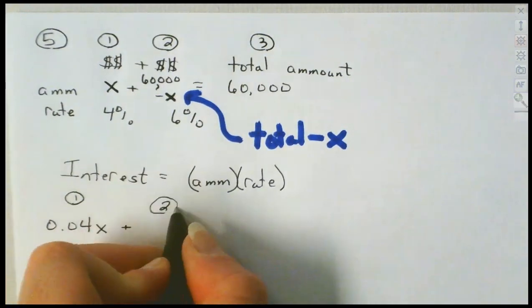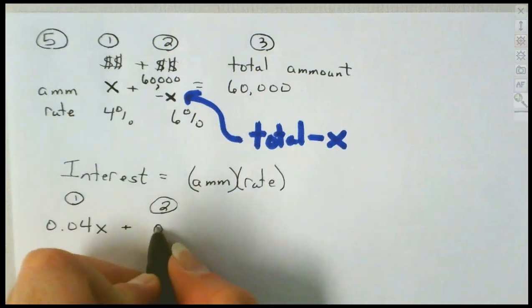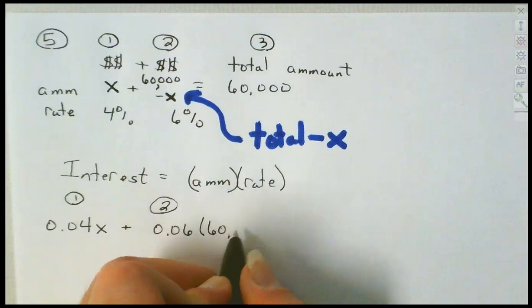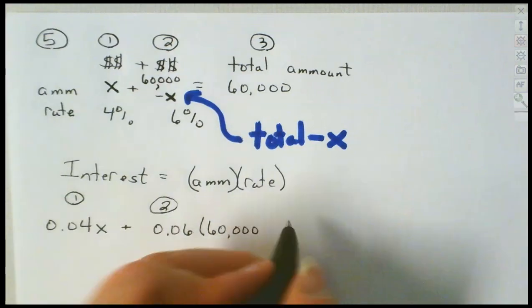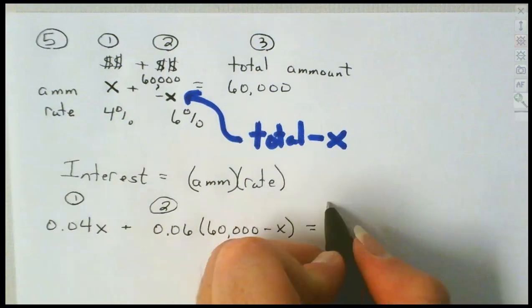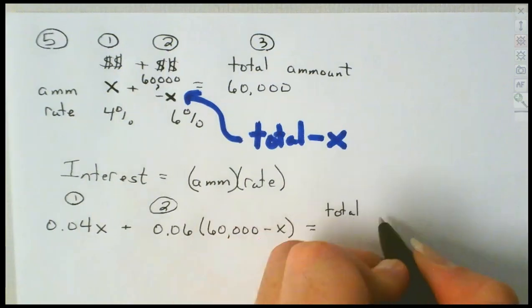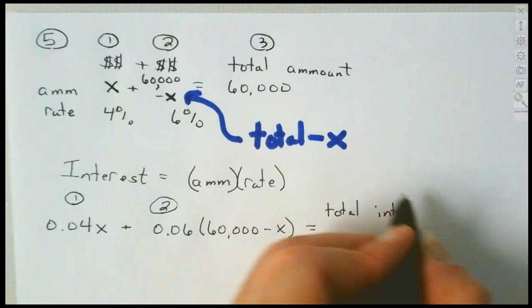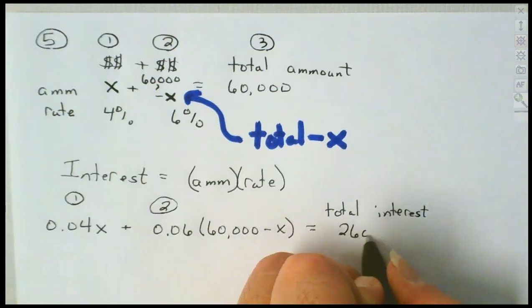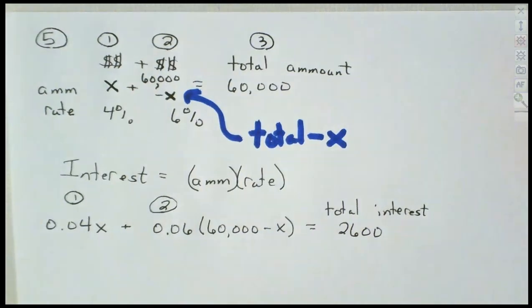The second one is going to be 0.06 times your 60,000 minus x. And then the third one is the total interest or income. And we made a total of $2,600.